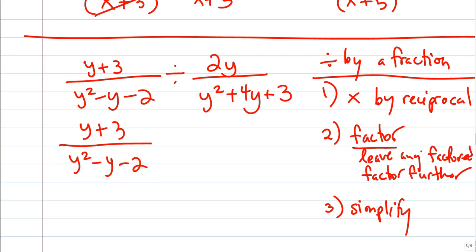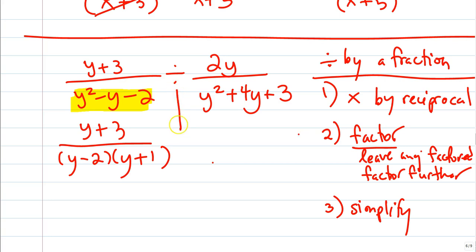But that bottom part, I would stop and go, wait a second, that's a trinomial. It can be factored. What multiplies to make 2 and combines to make negative 1? We have now kept it the same, but while we're rewriting it, we're factoring.